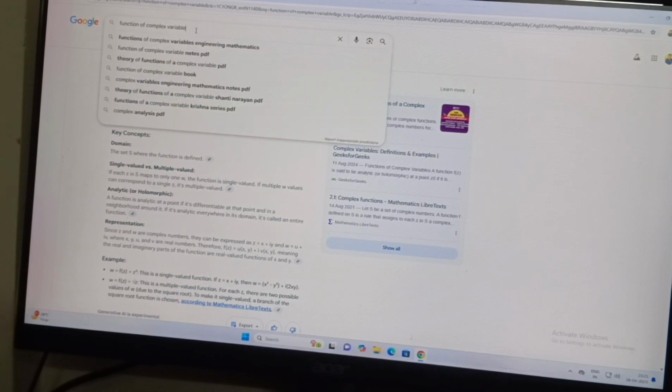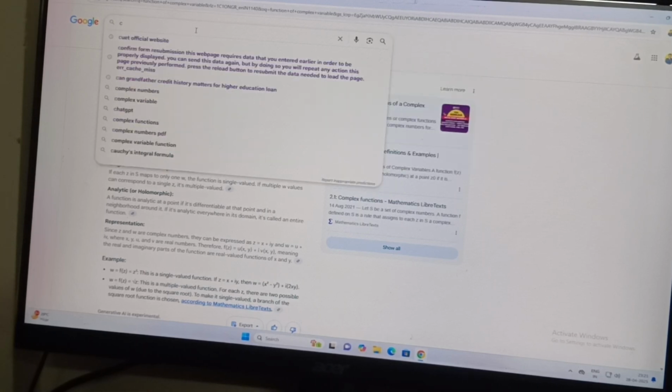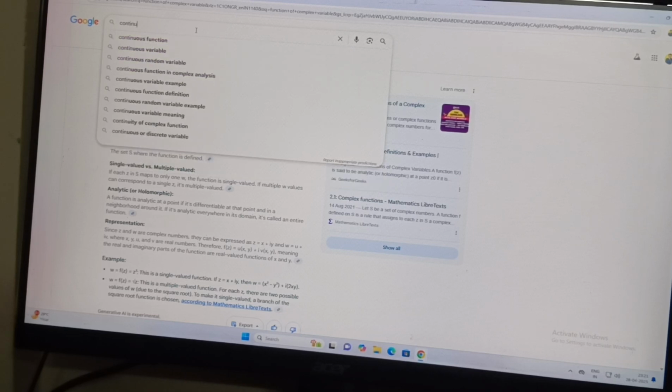Now we will search continuity and differentiability of complex function.